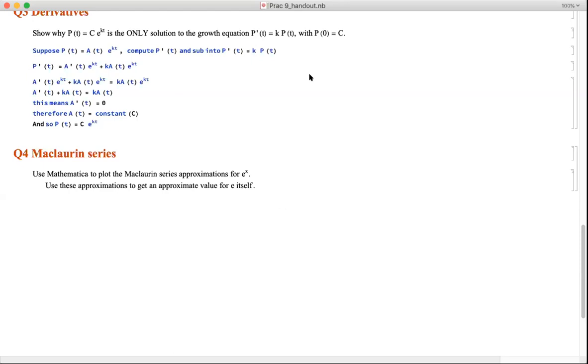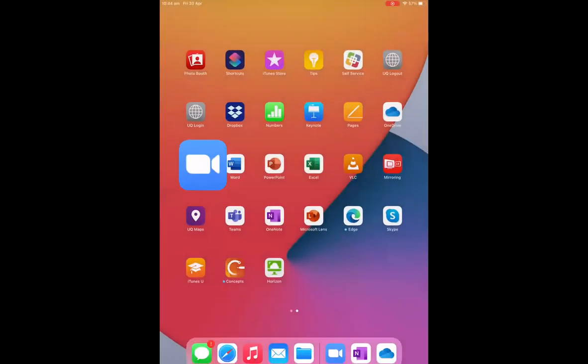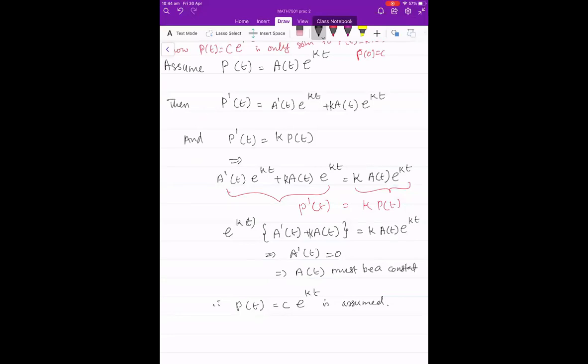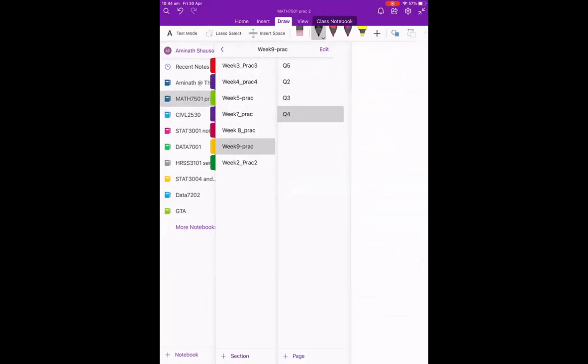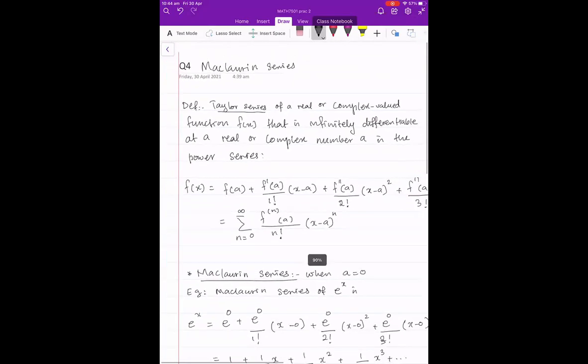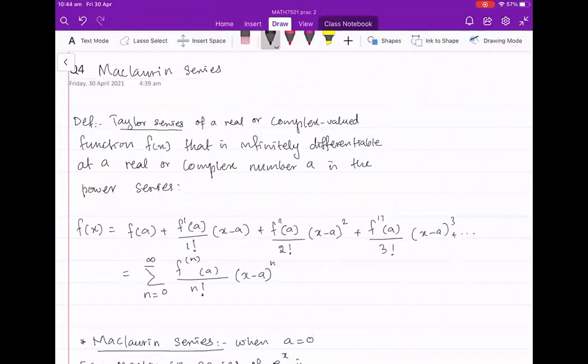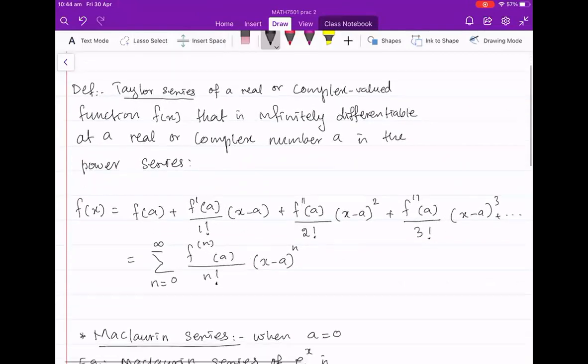Okay, let me show you my notes. All right, this is the definition of Taylor series.